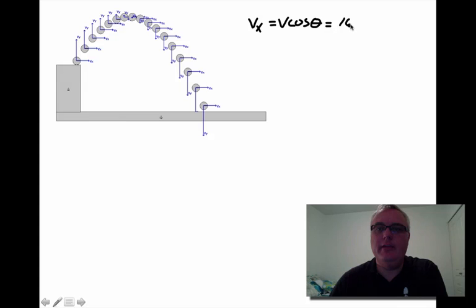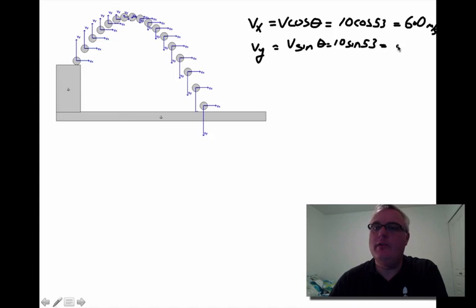So 10 times cosine of 53 gives me a horizontal velocity of 6 meters per second. And in the y direction, because that's the opposite side of the triangle, we use sine theta. So 10 times sine of 53, and that works out to be 8 meters per second. Same velocities that we had in the last video.